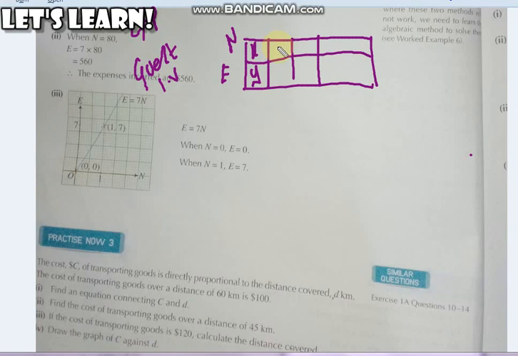So let's suppose I'm choosing, I want to calculate कि भाई how much will I have to pay for, let's suppose 5 guests, 10 guests, 15 guests. So what I will do is I have an equation that is E = 7n. What I will do is जो values मैंने यहाँ पे select की हैं, I will put those values in place of n. And whatever answer I will get, I will put those answers in this table below. Then I will plot a graph.